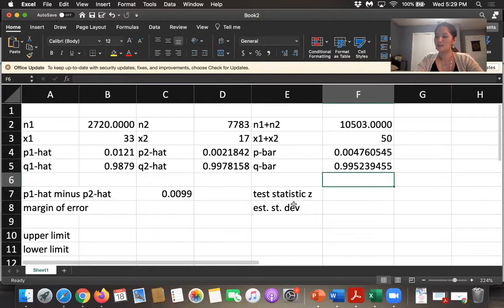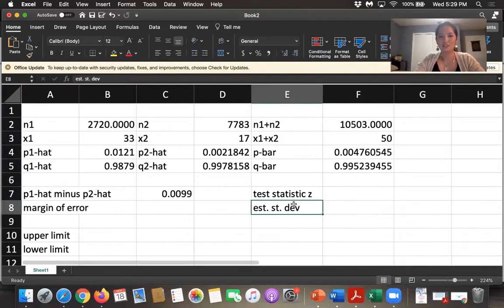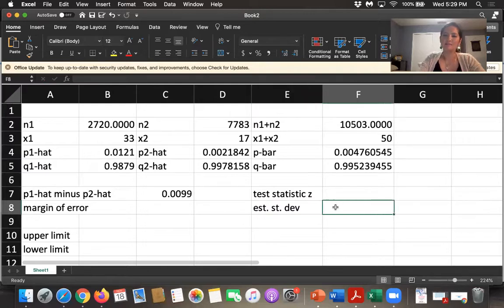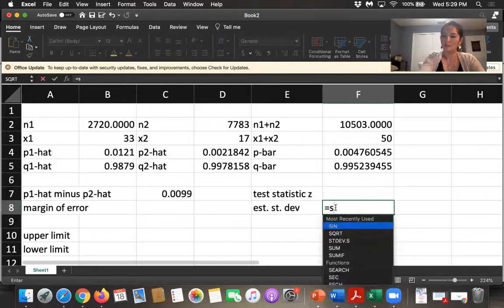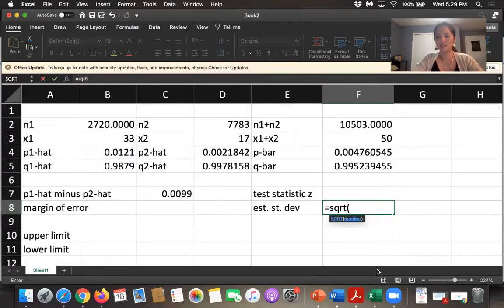Now the estimated standard deviation that we're using, assuming that the null hypothesis is true, is this. It's the square root of, and you use SQRT for square root in Excel for that function. And then we're going to have one fraction plus another fraction. The first fraction is P bar times Q bar over N1.